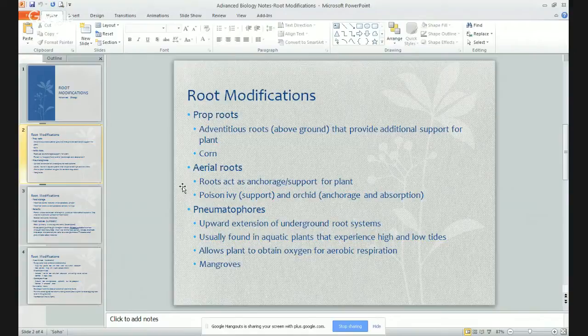Oftentimes these particular plants are growing in mud, and so they need to ensure that they can still go through aerobic respiration. So in order to get that oxygen, they shoot these nematophores above the surface of the water to ensure that they can grab oxygen from the atmosphere. So those are what nematophores are.